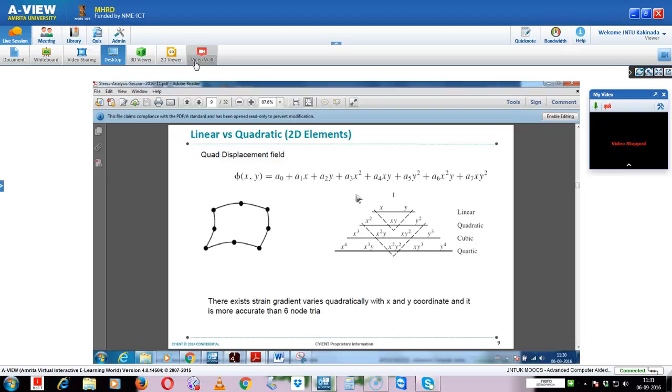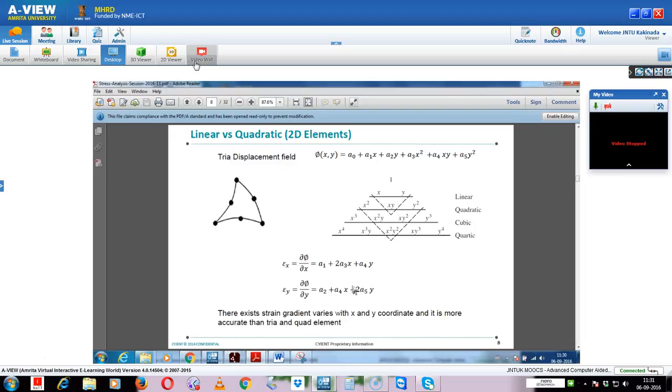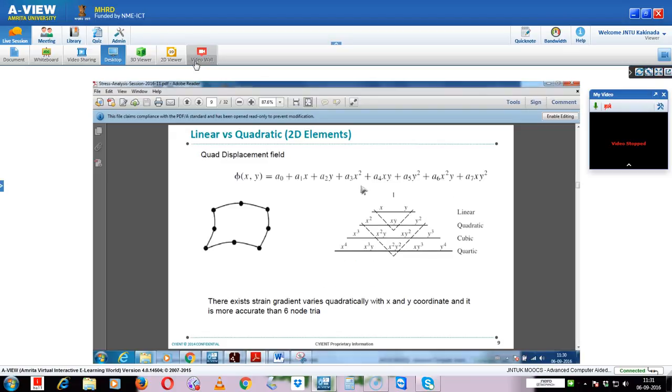Here it is only a simple polynomial of order 1, but here it will have polynomials in 2 terms.